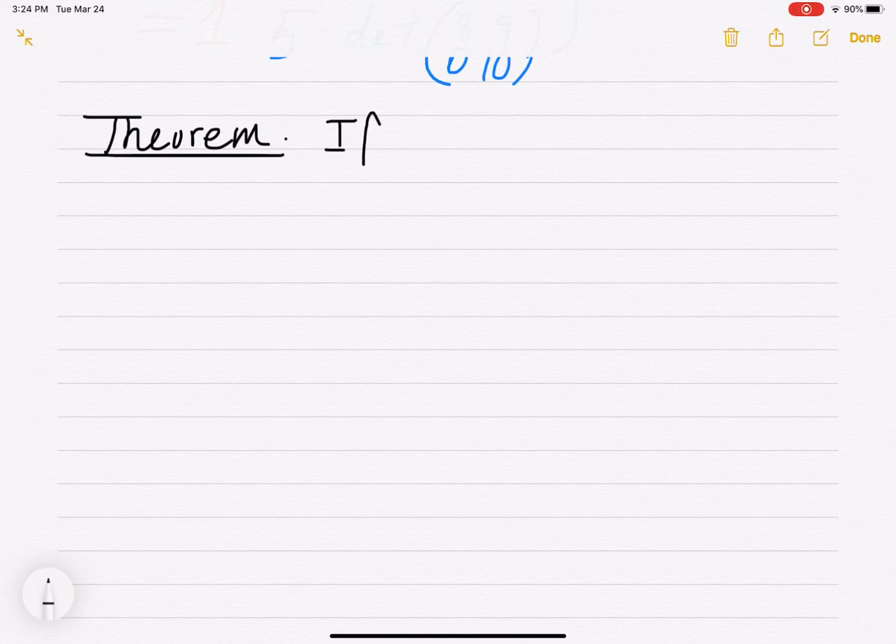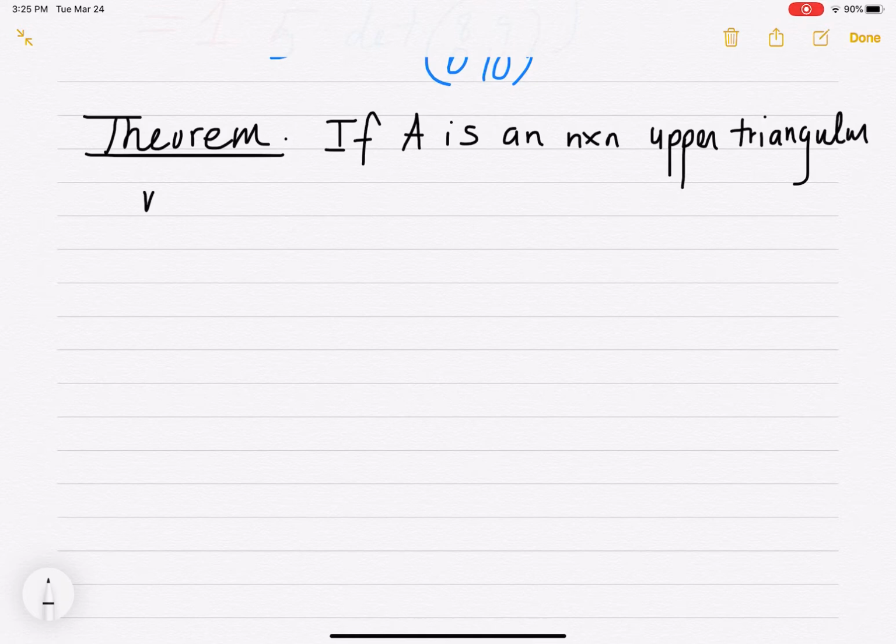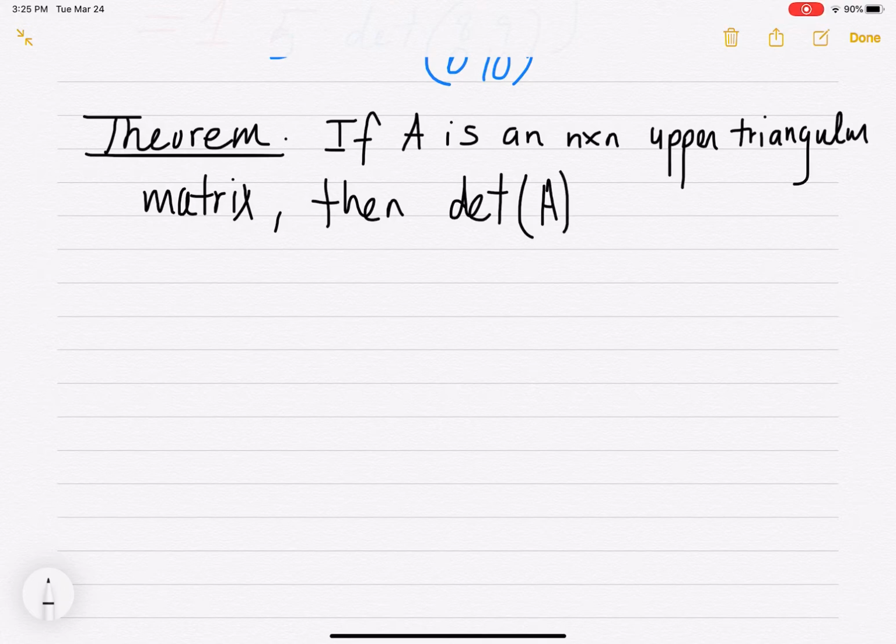If A is an n by n upper triangular matrix, then the determinant of our upper triangular matrix is going to be the product of the descending diagonal: A11, A22, A33, and so on and so forth, Ann. So anytime you write a double subscript like that, A11, A22, the repeated subscript, that is on the diagonal.